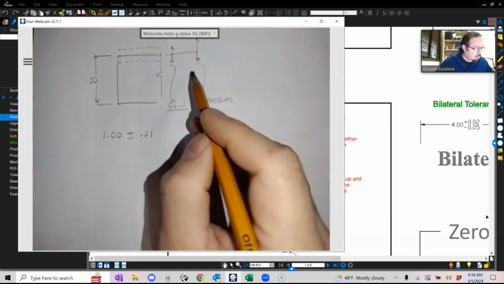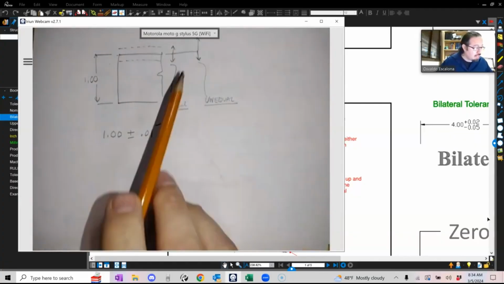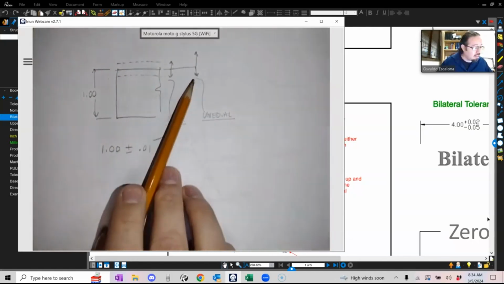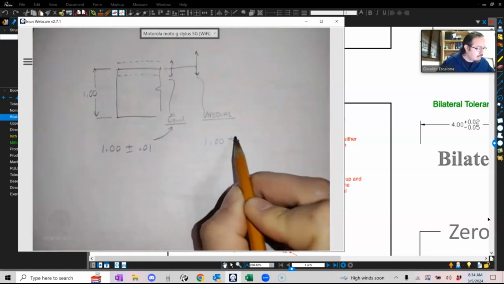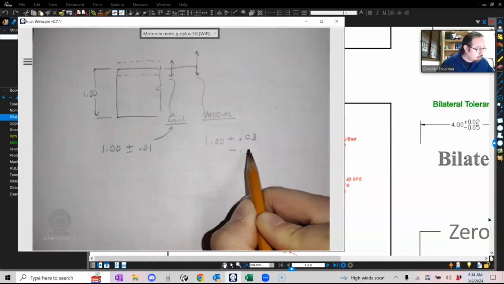If I were to do an unequal tolerance, that means I'm going to go different amounts. The size of my tolerance will go differently. So in this case, it will be something like 1.00 plus 0.03 minus 0.01.